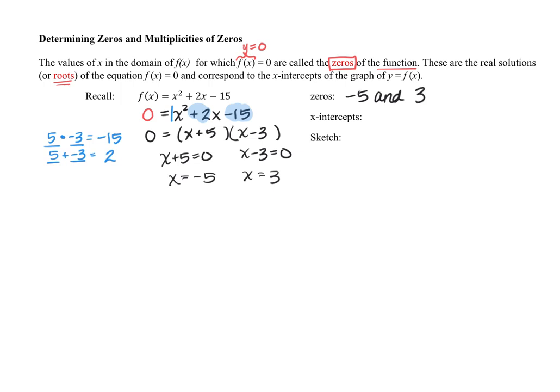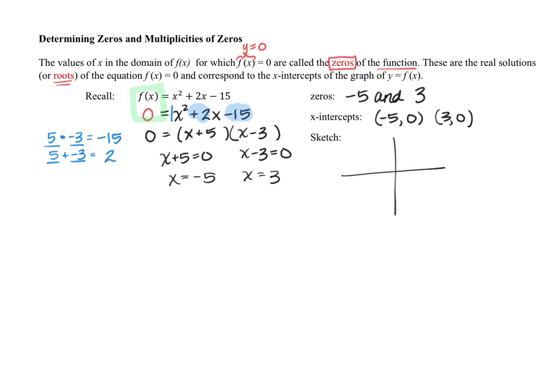But remember, because we found these values by setting y equal to 0, these correspond to the x-intercepts on the graph. So the x-intercepts would be the points negative 5, 0, because y is equal to 0, and 3, 0, which of course helps you sketch a quick graph.